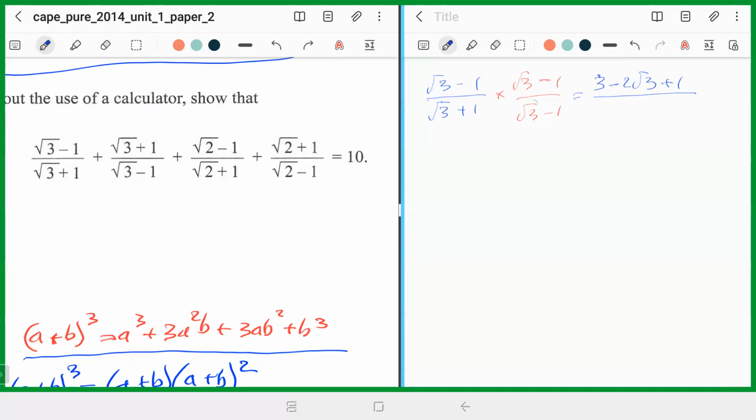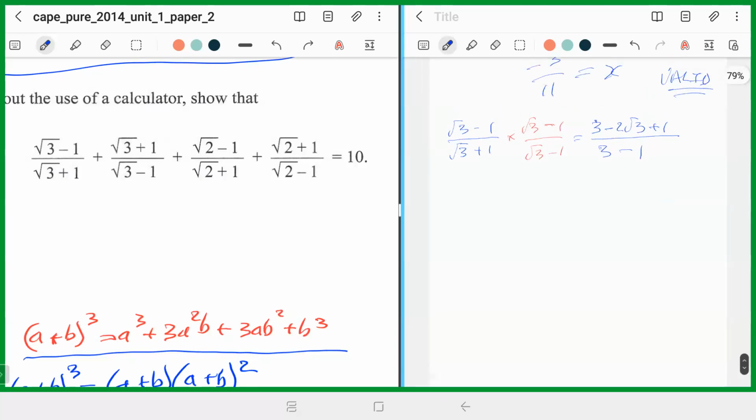Over this squared is 3 minus this squared is 1. Alright? That's what we're going to get. I'm going to line them up beside each other, and let's add them vertically down.